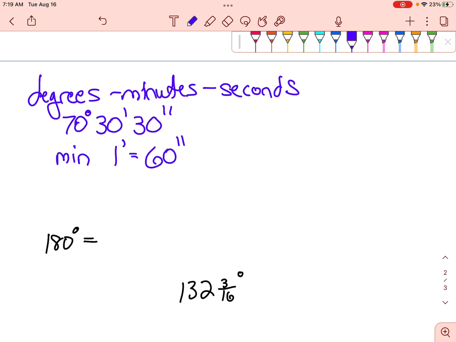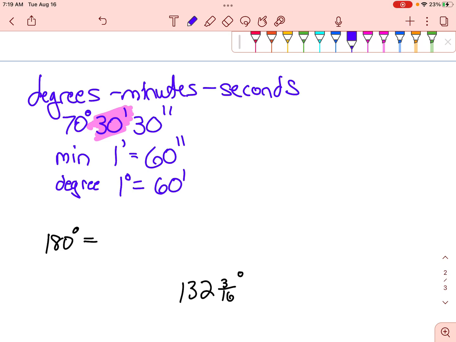Just like a degree, 1 degree is equal to 60 minutes. So if I come up here and look at this, 30 minutes is equal to half of a degree, just like 30 minutes is half of an hour.